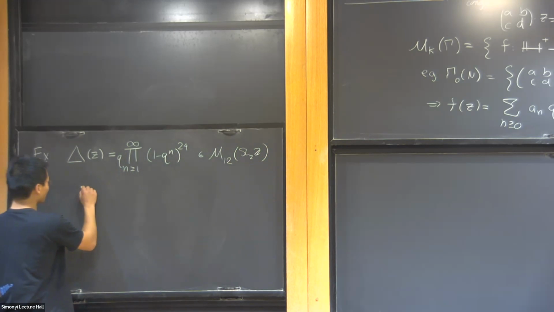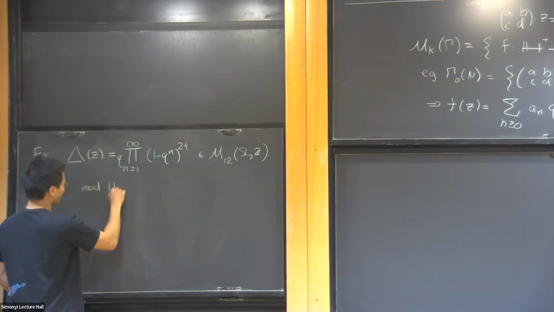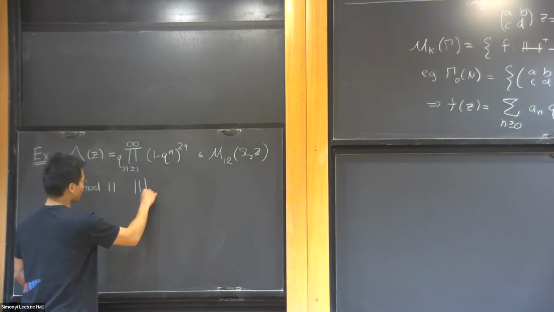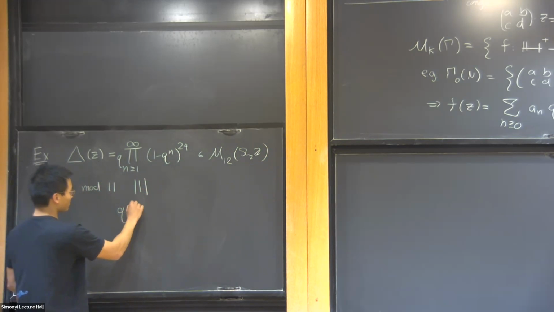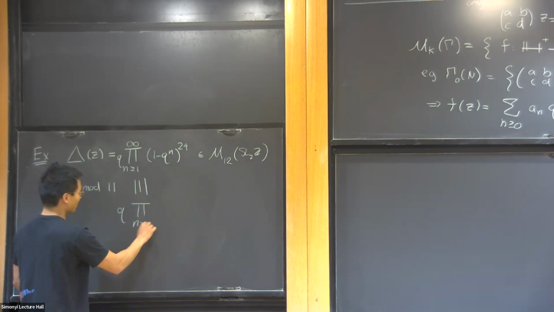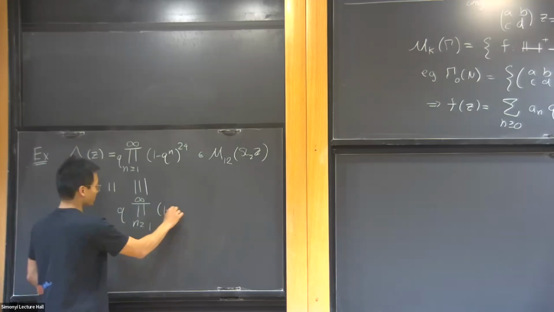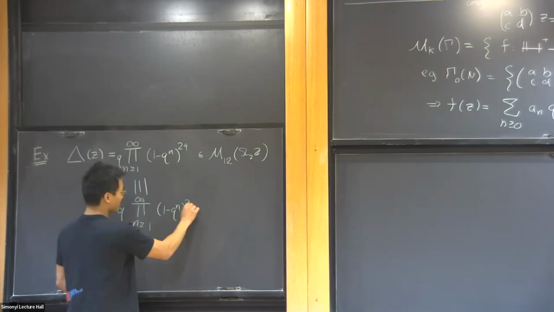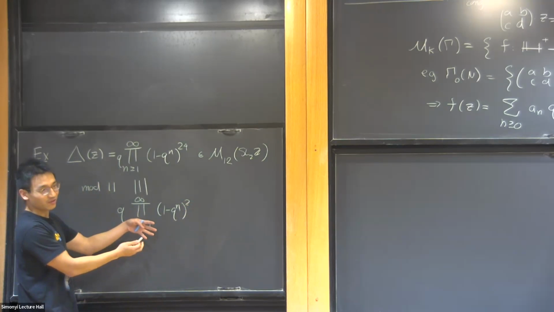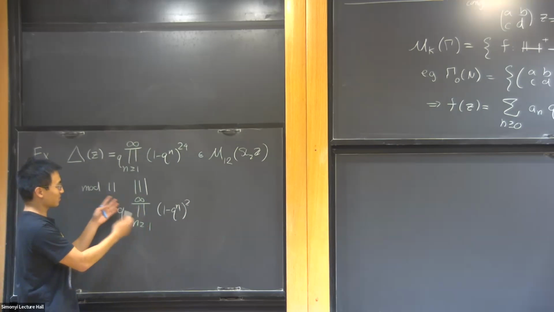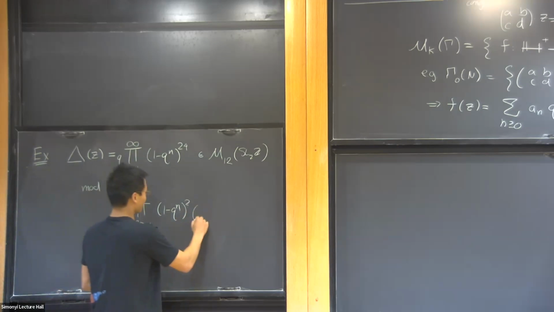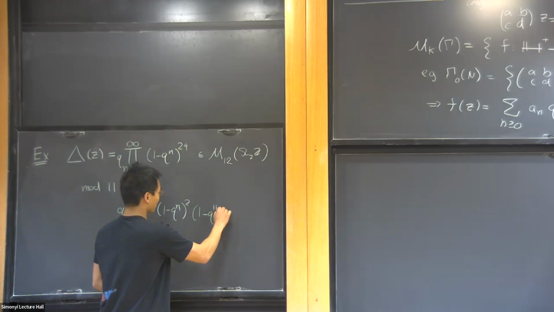So mod 11, this thing is congruent to, I'm going to start writing down the same stuff, but then I'm going to pull out a (1 - q^n) squared, and then there will be a 22nd power left, and the 22 is 2 times 11. I can absorb that 11 on the inside, so I can write it as (1 - q^(11n)) squared.